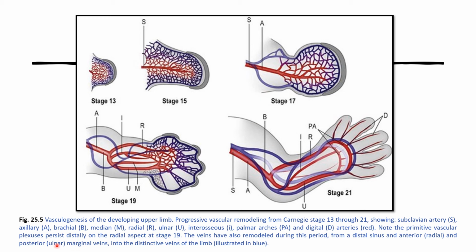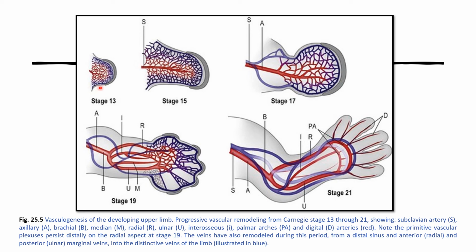A is for axillary, B is brachial, and then M is median, radial is R, ulnar is U. So, ito nakikita natin sa forearm or sa arm natin. So, I is for interosseous, palmar arches is PA, and then digital is D. So, arteries are colored in red, and then of course, the veins are colored in violet. Okay? So, that's how it looks or how it develops.